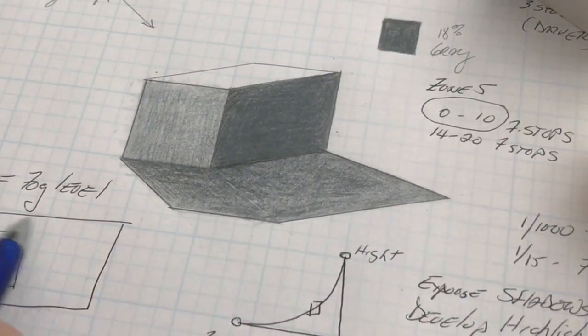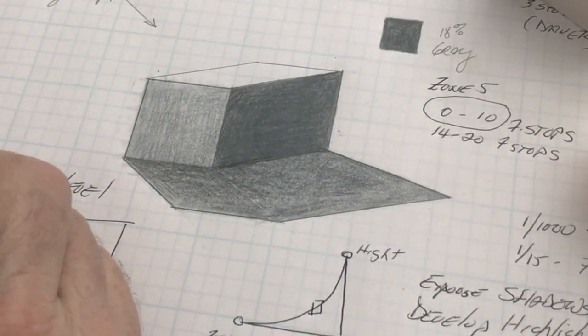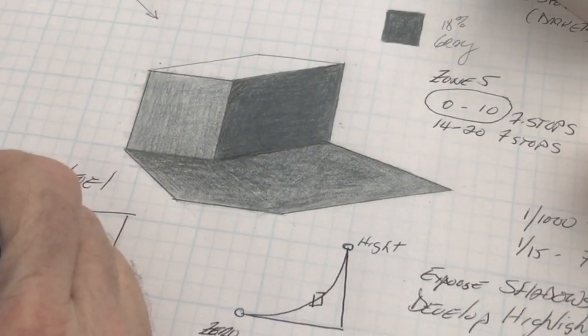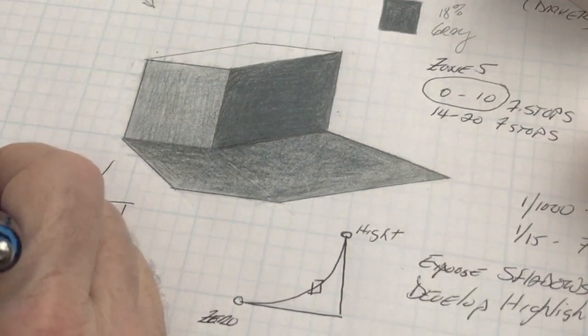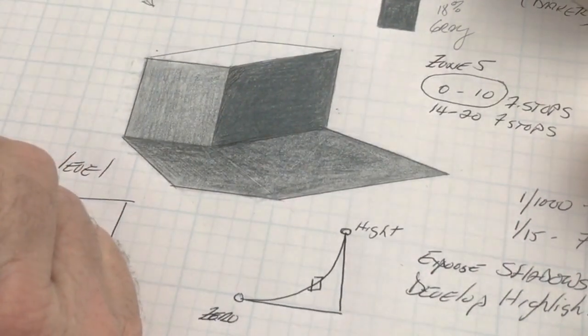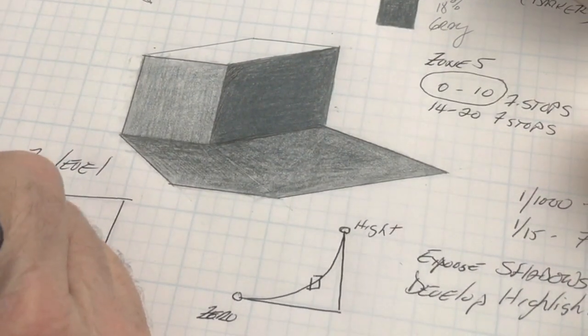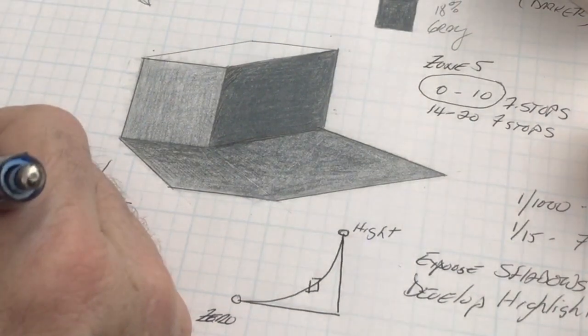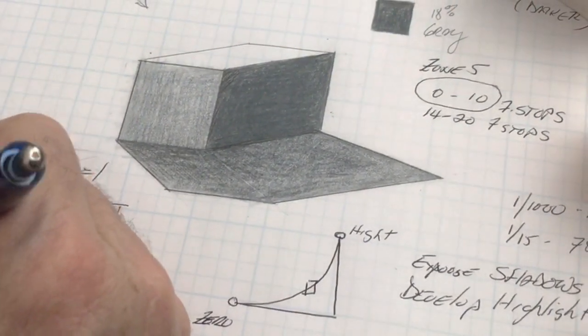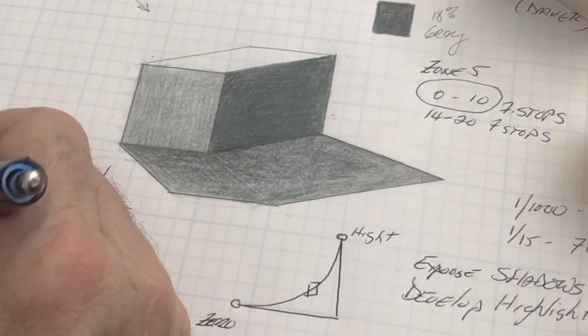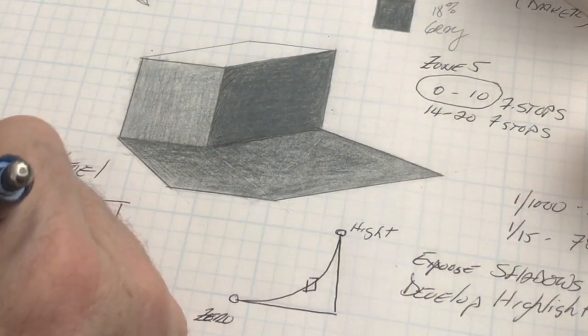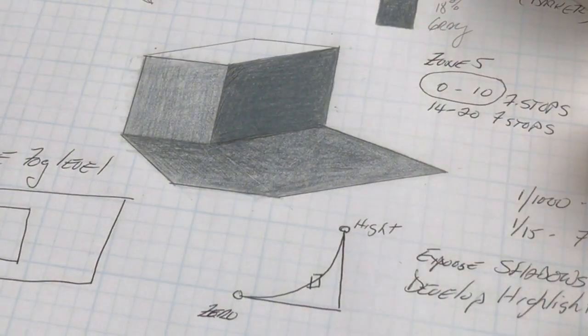On the outside of this, you see kind of a darkish clear. That is actually the emulsion that has been through the developer, and it has one value, and that value, no matter how dark or how light it is, is called the base fog level.